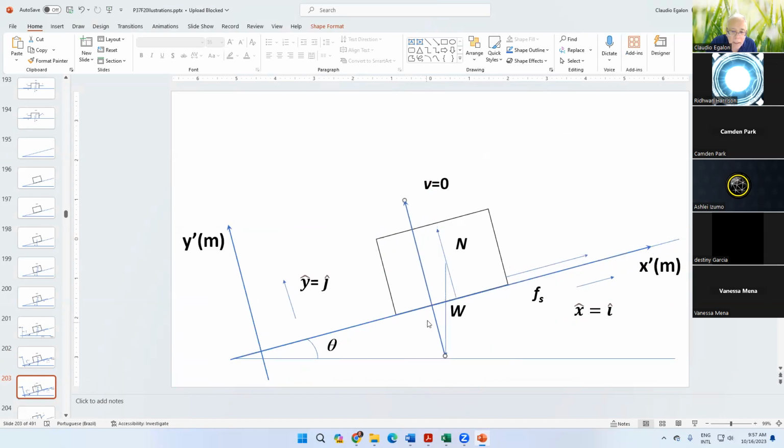Even better. This angle that you see right in here, this guy is parallel to y, right? This angle is the theta angle.